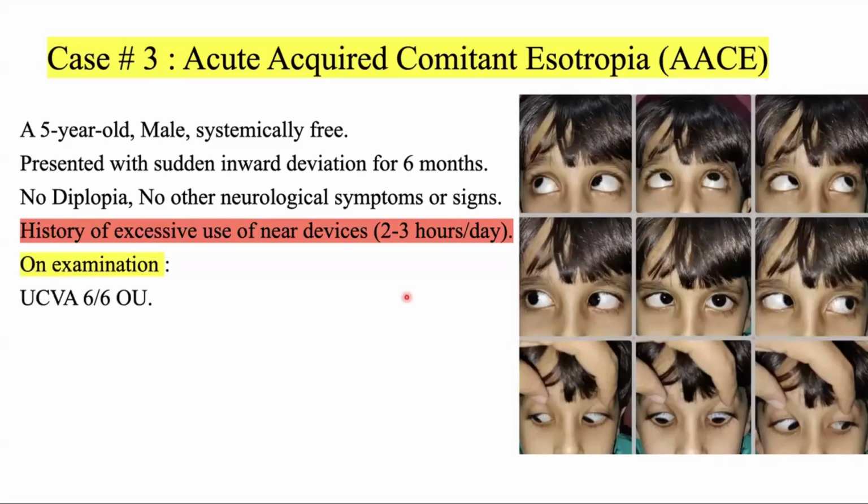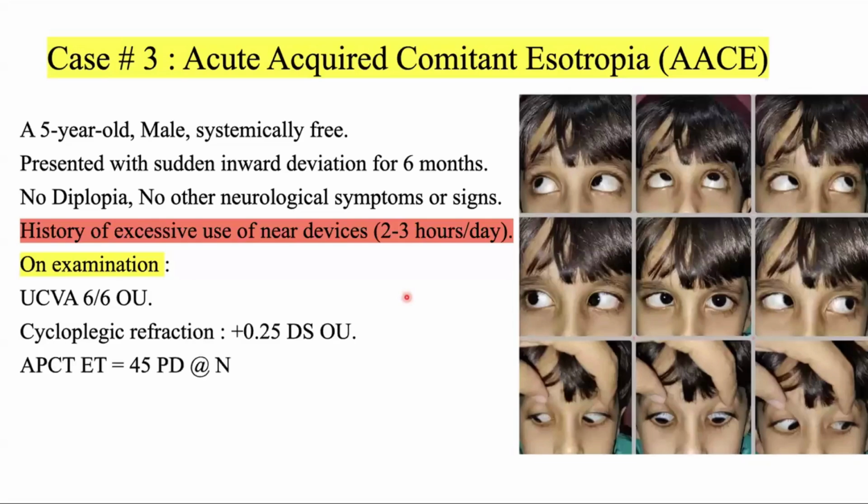On examination, uncorrected visual acuity 6/6 in both eyes. No significant refractive error. Alternate prism cover test, esotropia 45 prism diopter at near and 45 prism diopter at distance with full extraocular motility. Because of that, I diagnosed the patient as acute acquired comitant esotropia.